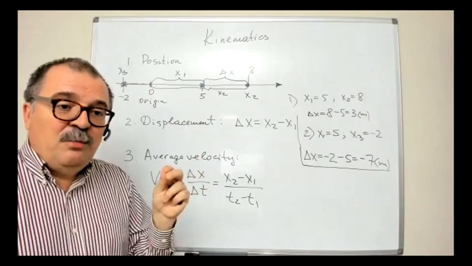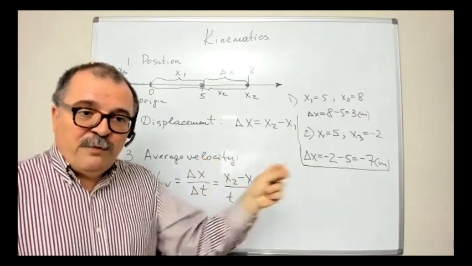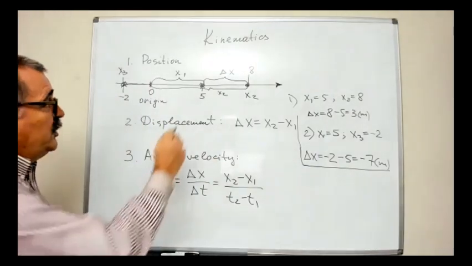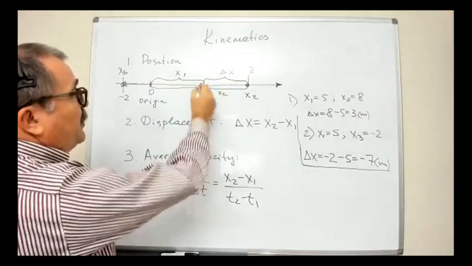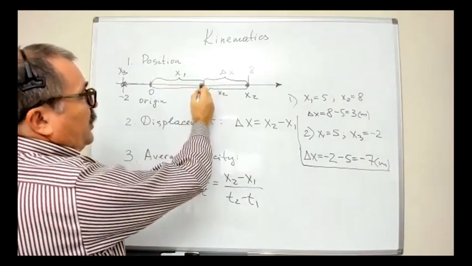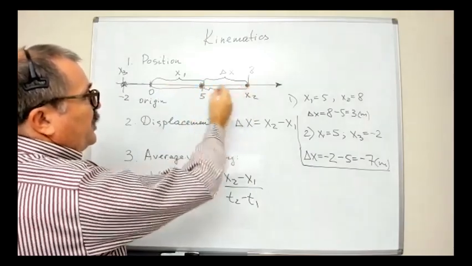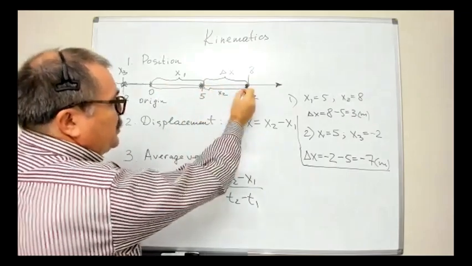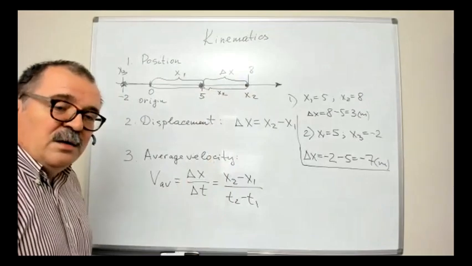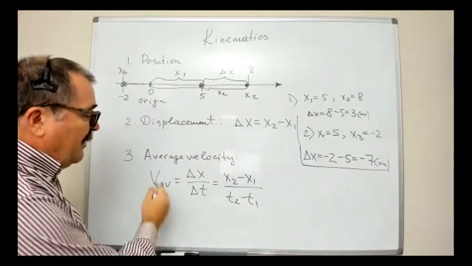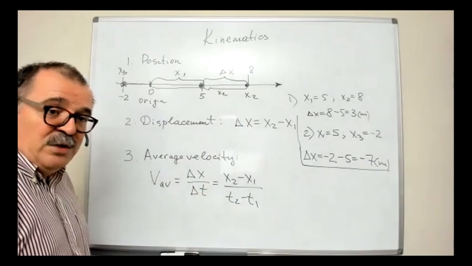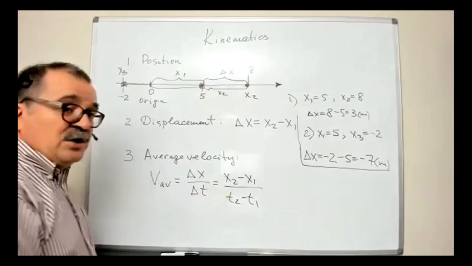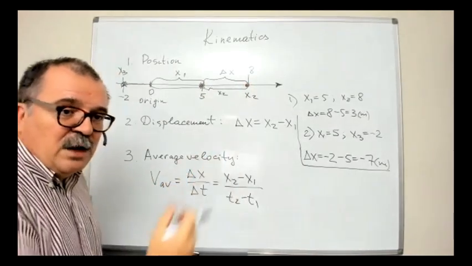Let's say the object may move back and forth, right and left several times, before it reaches the destination point x2. So it may perform quite sophisticated motion. For the average velocity, on the other hand, what is essential is just the initial and final positions and the initial and final times of the motion.